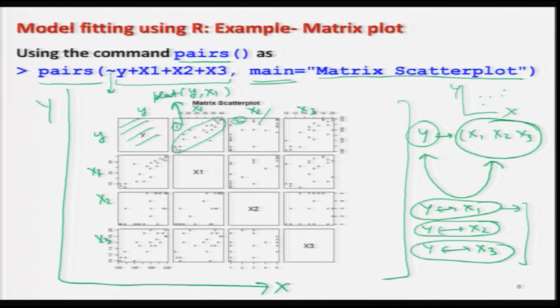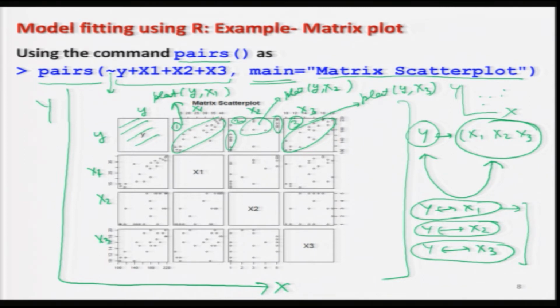This is the plot between y and x2. You can see it looks a little bit haphazard. Some points are here, some points are here, some points are here, right. So, I can assume a linear relationship, but I am not really confident. Okay, let us move forward. Now you come to block number 3. This is a plot between y and x3. You can see there is a reasonable linear plot. It is not that bad, right.